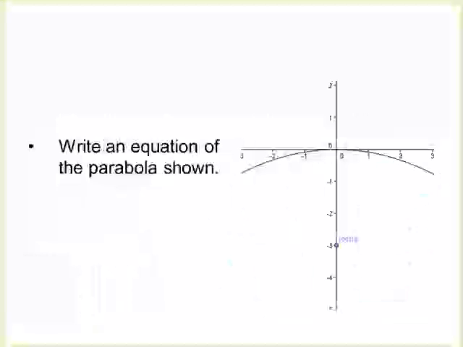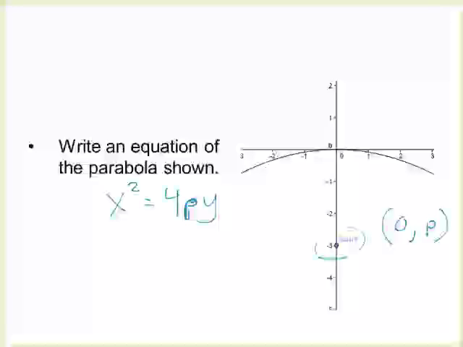The last type of question we're going to look at is backwards. Here we have the picture, and we want to come up with the equation. So is this one horizontal or vertical? Vertical, because it's opening down. And in the chart, the vertical equation is x squared equals 4py. So then we have to find our p-value. In that vertical column of the chart, it tells us that our focus is at 0,p. And in our picture, we can see our focus is at 0, -3.